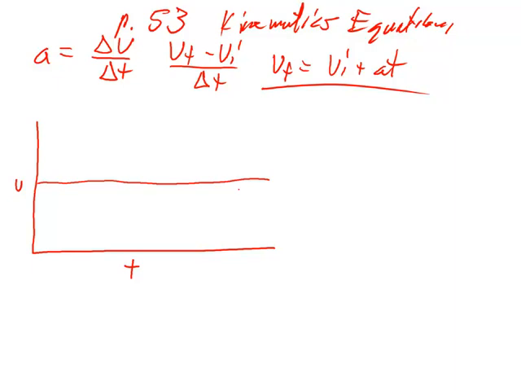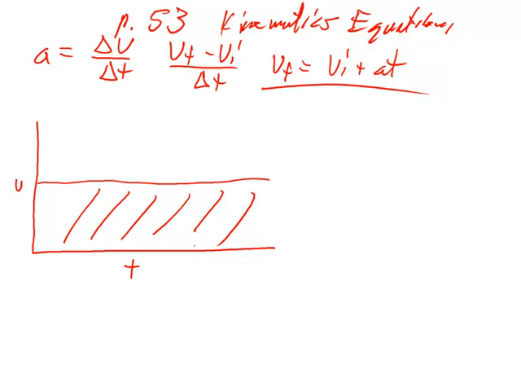What is this area right here going to give me? That forms a rectangle, right? What's the area of that rectangle going to give me? What's velocity times time going to give me?